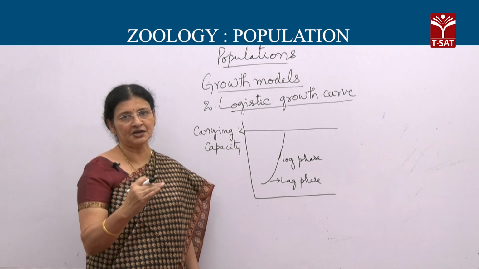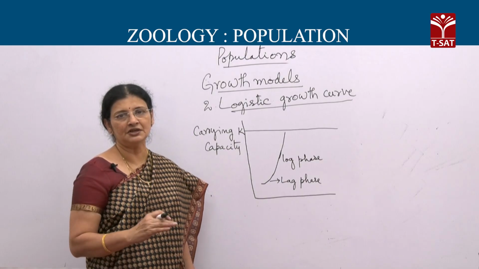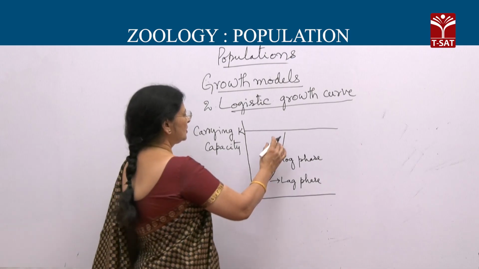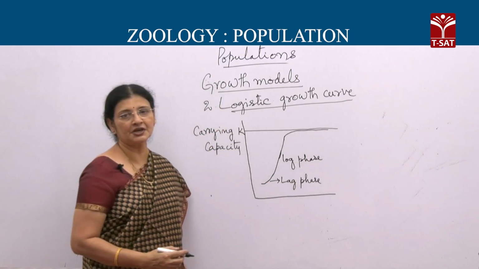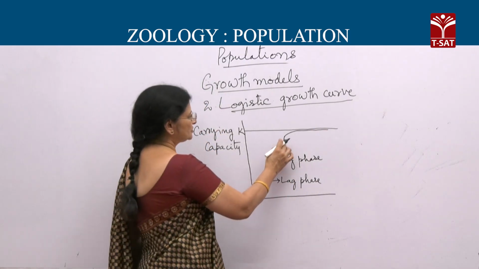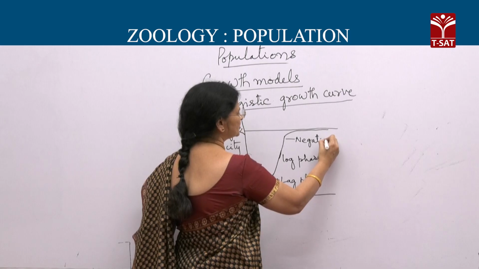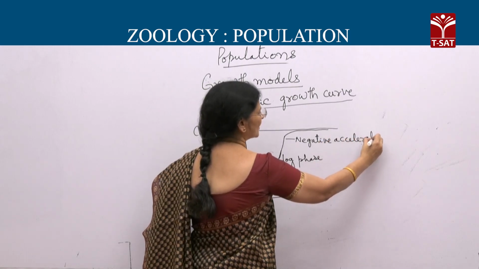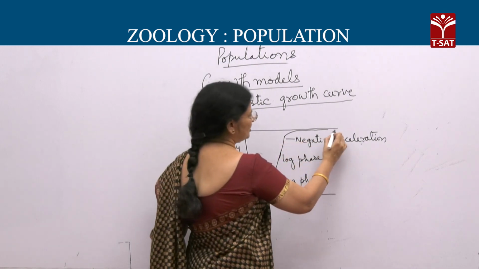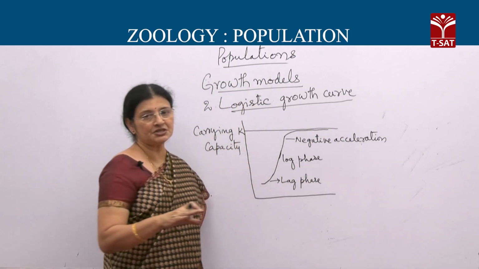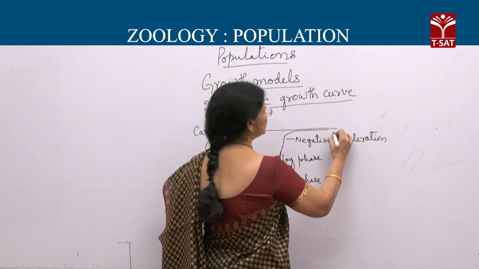After reaching the carrying capacity, that is the limit. After that, no more individuals can live comfortably. So the growth rate becomes slow and it reaches a state of equilibrium. This slow growth rate phase is called negative acceleration phase. It is slowing down the growth. And the final stage where the population is becoming stable, neither increase nor decrease, this is called asymptote phase.